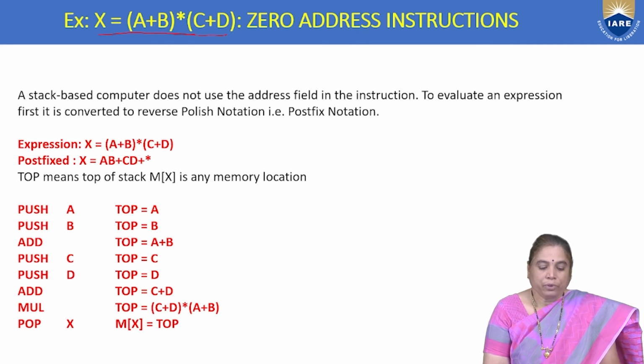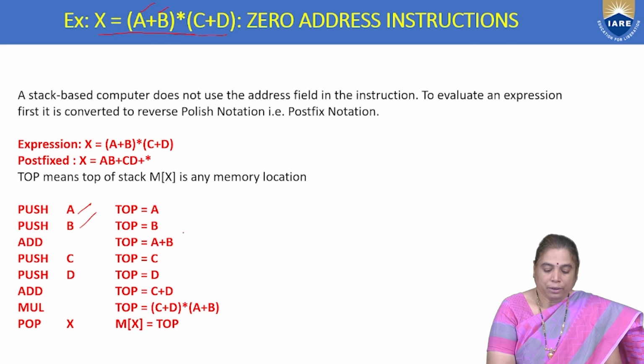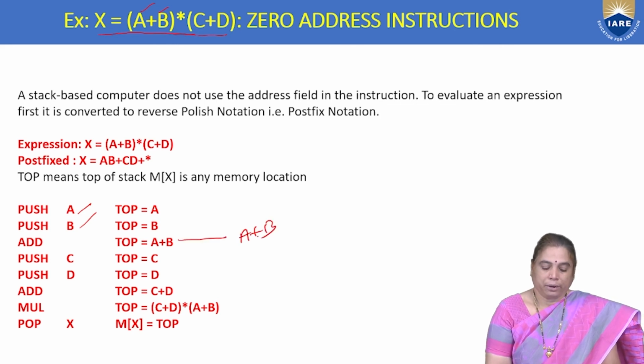Here we push the first operands into the stack: push A, push B. They are placed on the stack. Next, add, so A and B are added. Here the A plus B operation is completed.